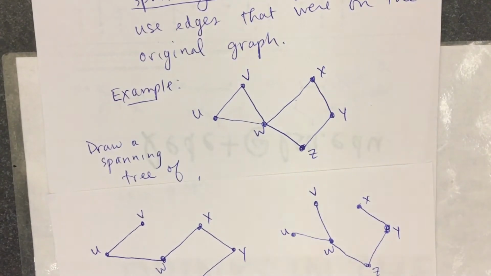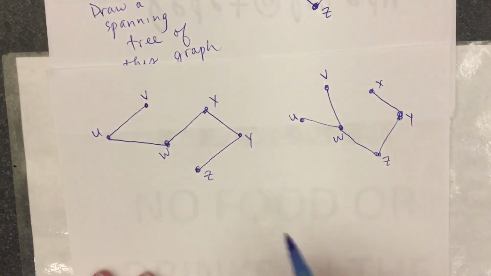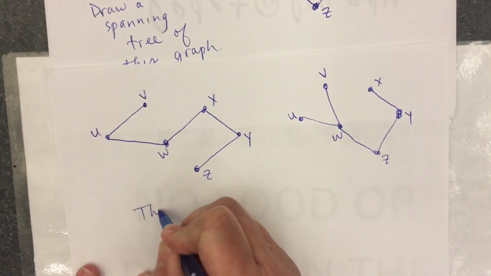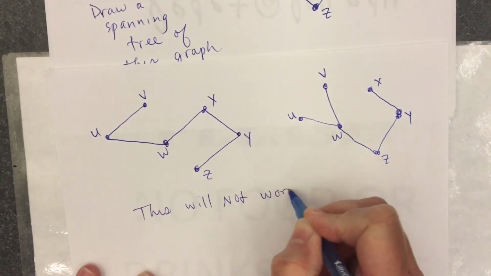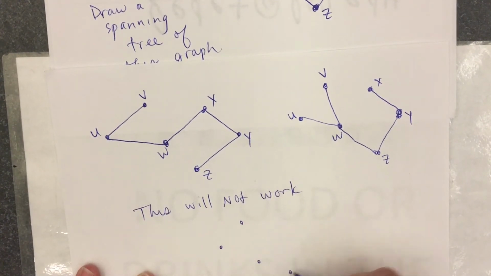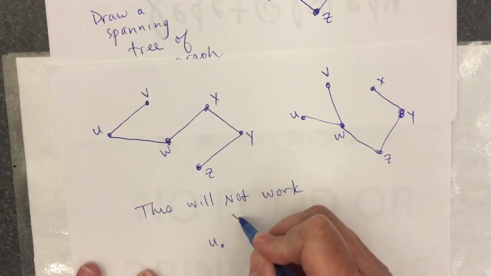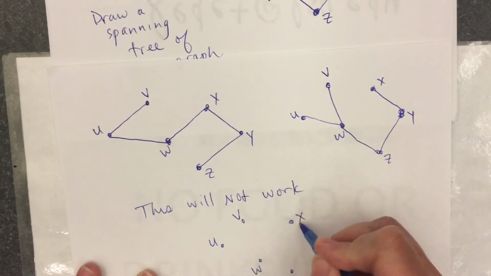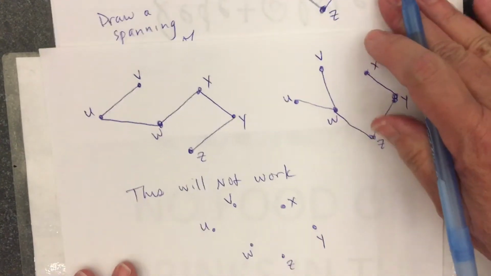Now, something you're not allowed to do is put in a totally new edge. I've seen this on pencil and paper tests. This will not work. Students thinking, oh, we're just going to put in a new edge. U, V, W, X, Z, Y. I've seen students do something like this.